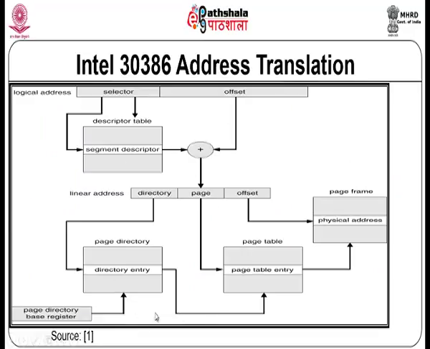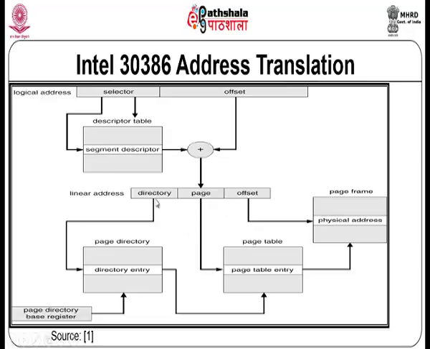So, this shows Intel's address translation. Combining together whatever I have told you till now, the logical address is divided into a selector and an offset, and the selector is used as an index into the descriptor table, and you get the base address and the limit. The base address is combined with the offset to get a linear address.